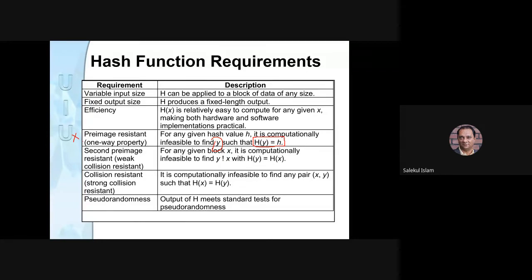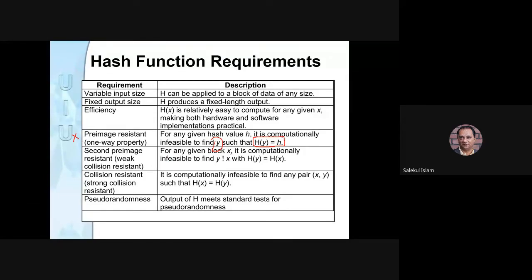So for any given h, if the attacker can find the value of y so that h(y) is equal to h, the property is violated. That means in pre-image resistance, I am giving only the hash value h, nothing else. In the second pre-image, for any given block x, it is computationally infeasible to find y.